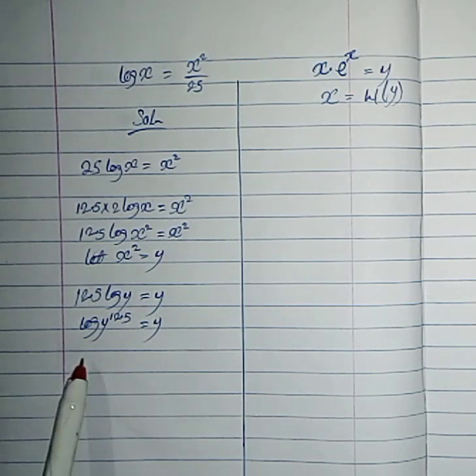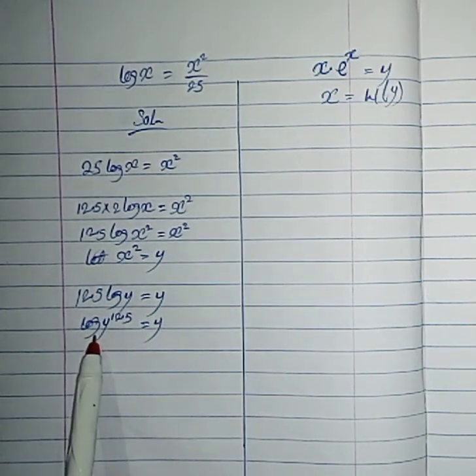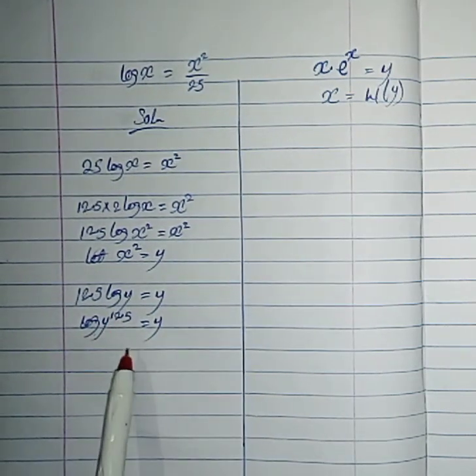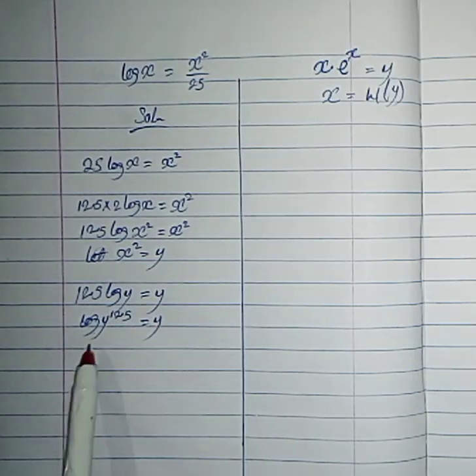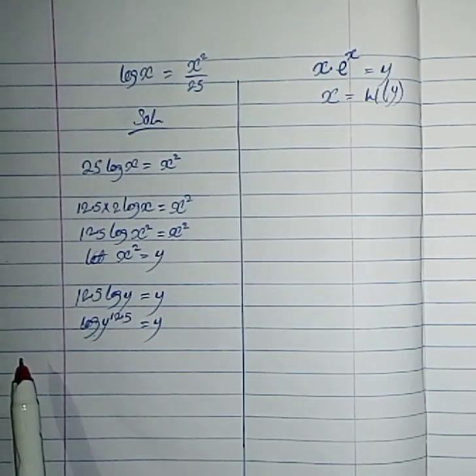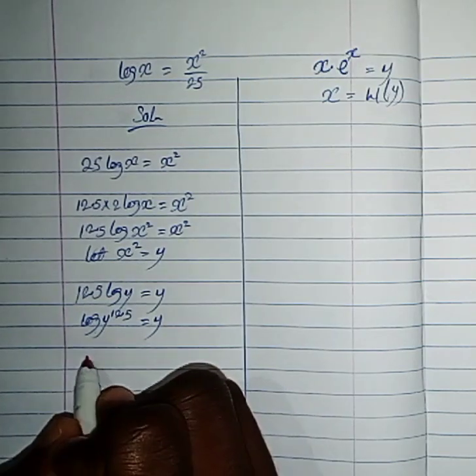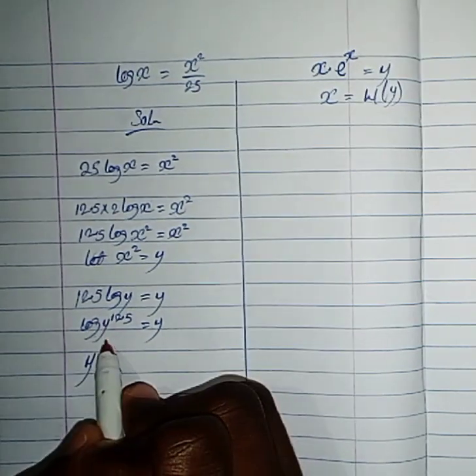But by removing this log, we say y raised to the power of 12.5 is equal to 10 raised to the power of y. Just has to get rid of this log.